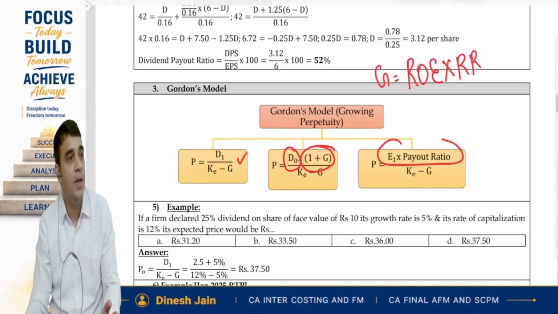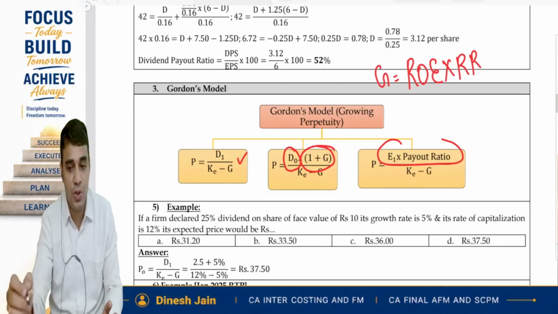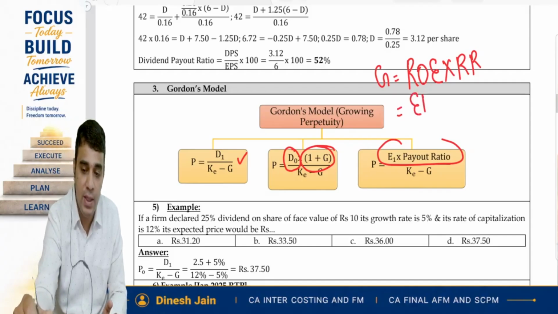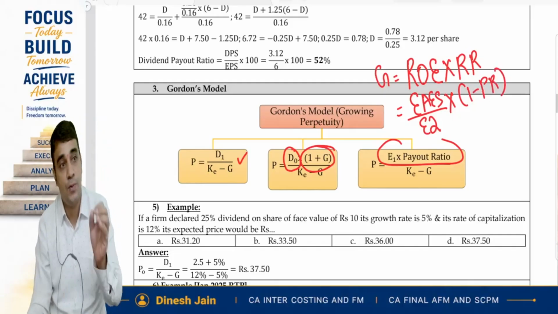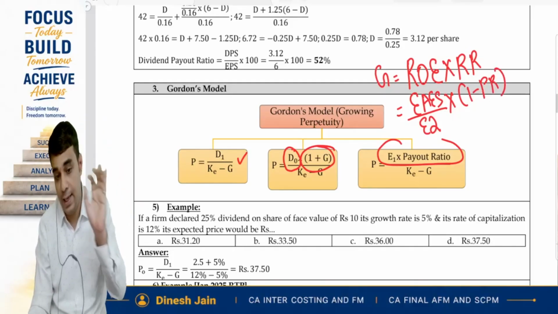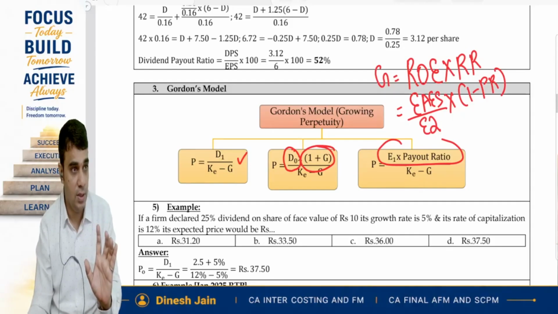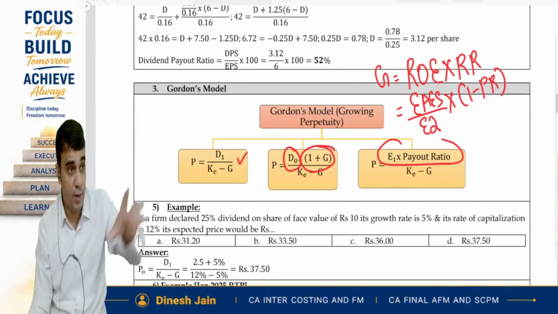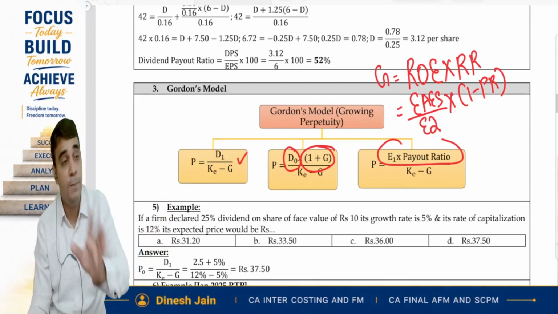ROE is earnings by equity. Retention can become 1 minus payout ratio. So this is one formula we learnt there. I'll be using it here in a few questions. We may have forgotten it because we learnt it in the cost of capital chapter, not here. I've not reproduced the formula here.